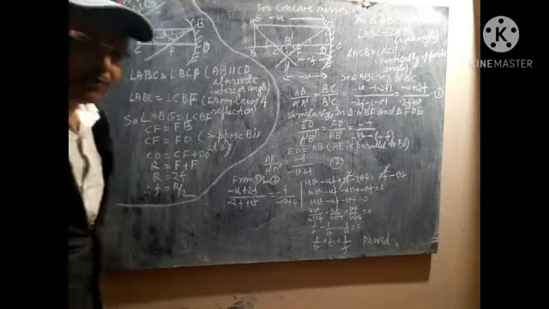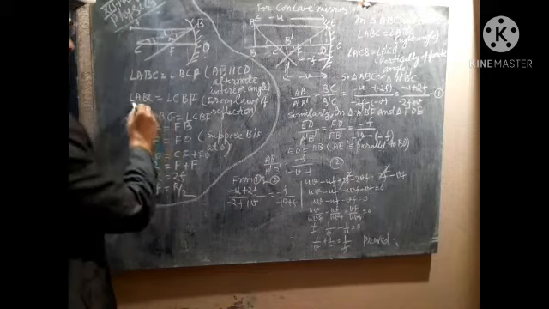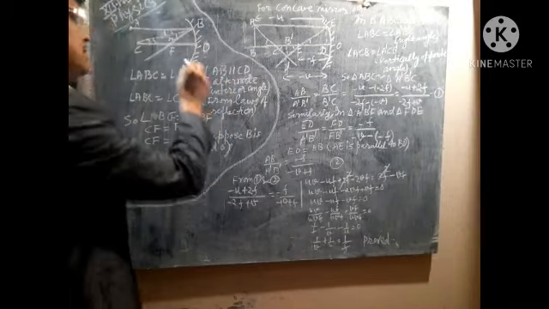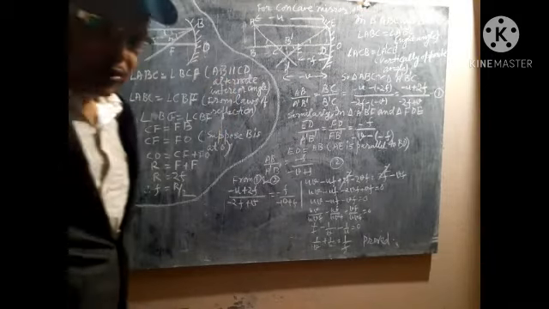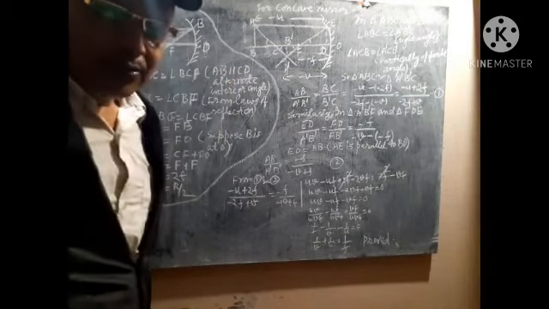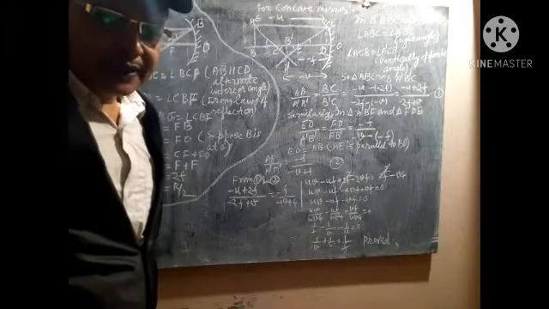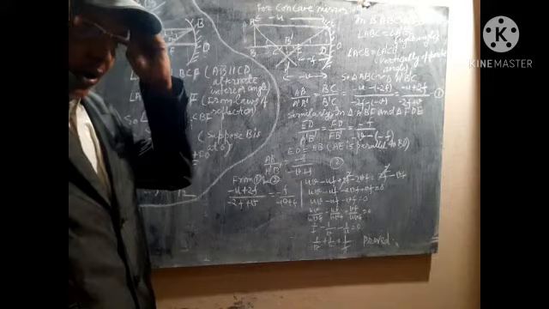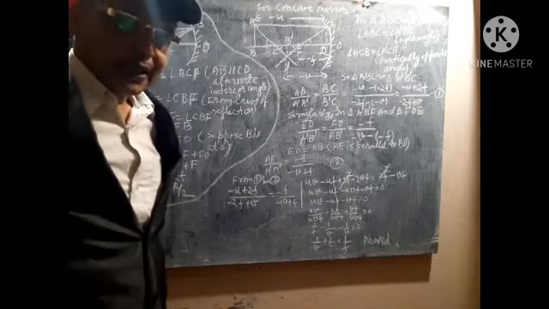Okay, no problem. Next, angle ABC is equal to angle CBF from the law of reflection. You should know the law of reflection. The first law is that the incident ray, reflected ray and normal all lie in the same plane.